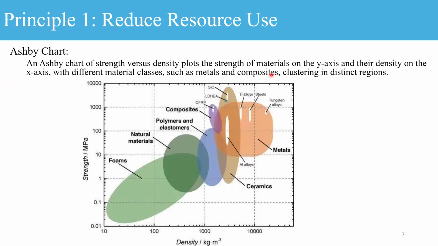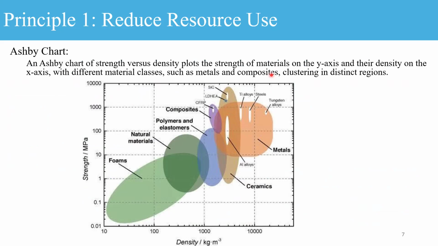One easy way to look at strength versus density is by looking at the strength-density chart. This chart gives the strength of material on the y-axis and the density on the x-axis, with different material classes, such as metals and composites, clustering in distinct regions.